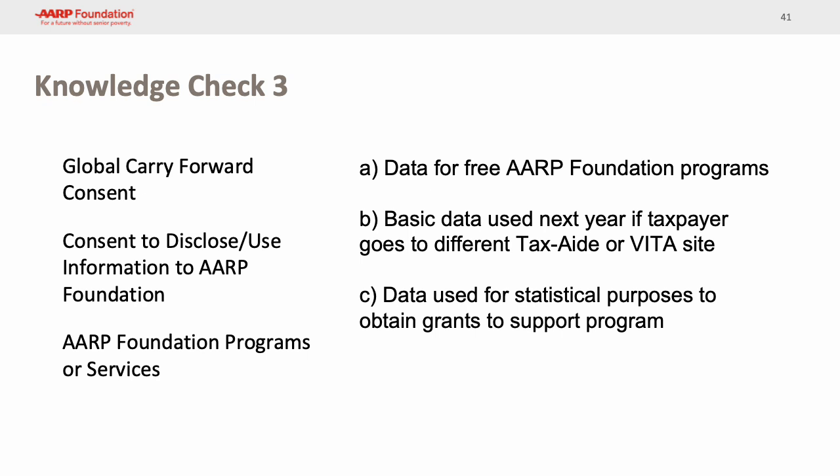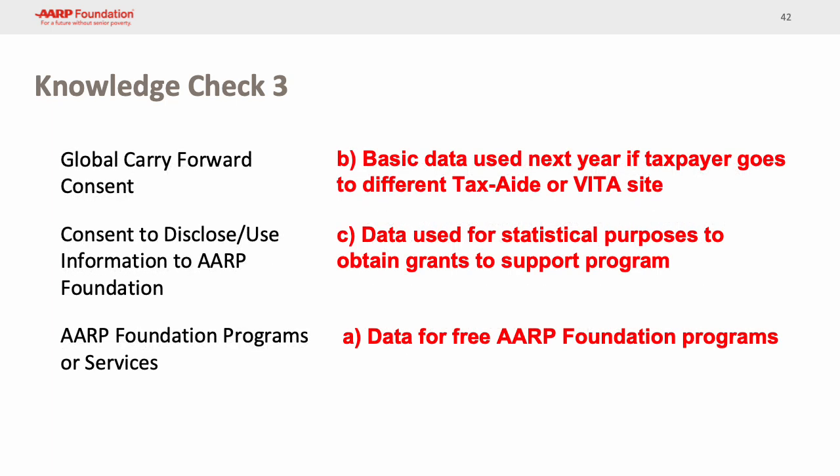And knowledge check 3. There are the 3 consent forms: global carry forward consent, consent to disclose or use information to AARP Foundation, and the AARP Foundation programs or services. Match them up to the letters on the right. There they are, the global carry forward consent.